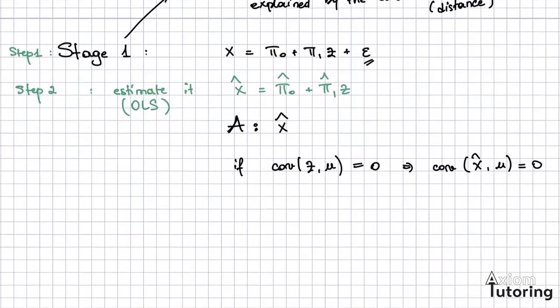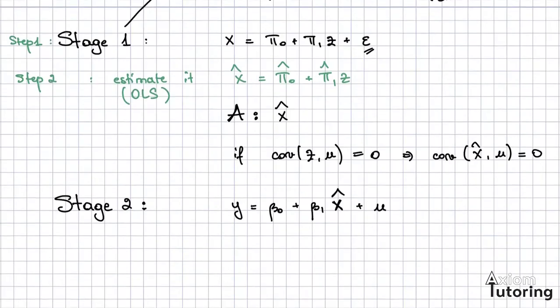Let's move to stage 2 of the 2SLS. We need to run the second regression. In the second regression, we have Y equals B0 plus B1, and now we're going to add not the X, but the X hat, the one that is uncontaminated by other variables, and then plus an error term U here, okay?